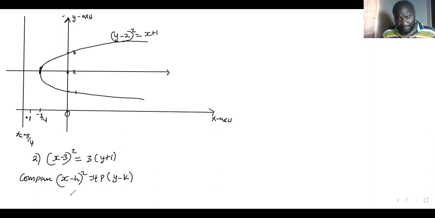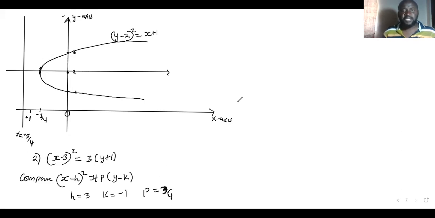Remember, they said replace y with y minus k, replace x with x minus h. Now you'll see that h is 3, k is -1, and 4p is equal to 3, so p is 3 out of 4.